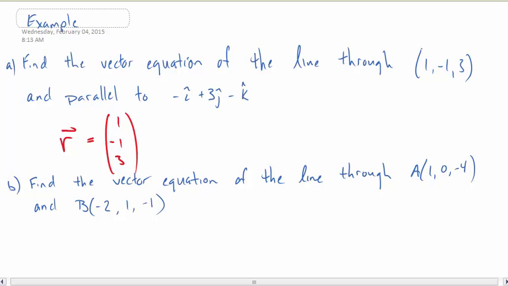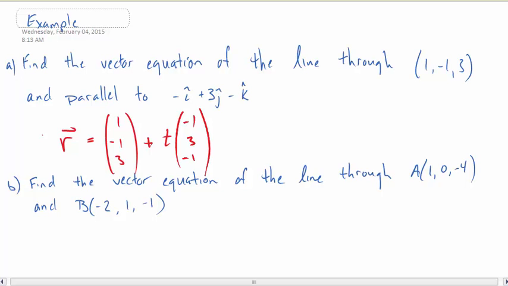So that's my OA. This would be my A point, if you will, from the last slide. Plus a parameter, t, a scalar multiple, times a direction vector. And there we go. There is my equation for this line passing through the point 1, negative 1, 3, and parallel to that direction vector.